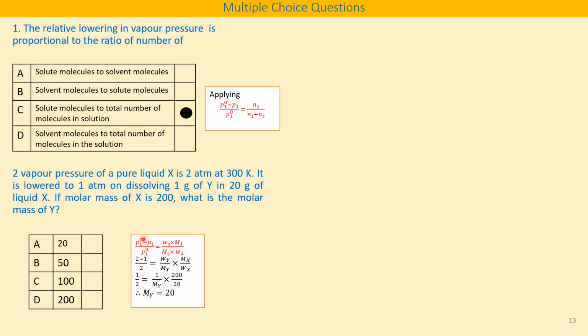So let us analyze. Apply the formula P1 naught minus P1 divided by P1 naught is equal to W2 into M1 divided by M2 into W1. Substituting P1 naught is 2, P1 is 1 and P1 naught is 2.